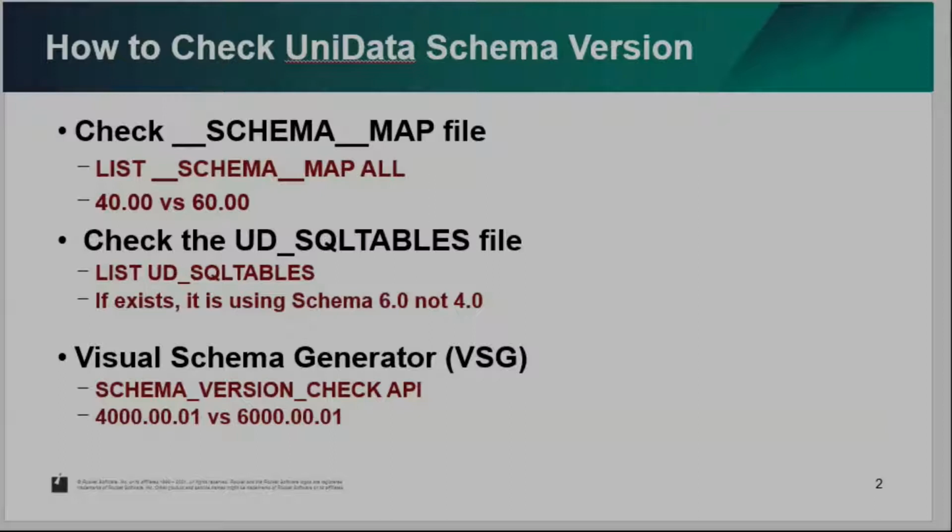Or you can just list the UD_SQL_TABLES UniData file. If that file exists, it is UniData schema 6.0. Otherwise, it's 4.0. You also can call the schema API called schema version check to see whether it is UniData schema 4.0 or 6.0.